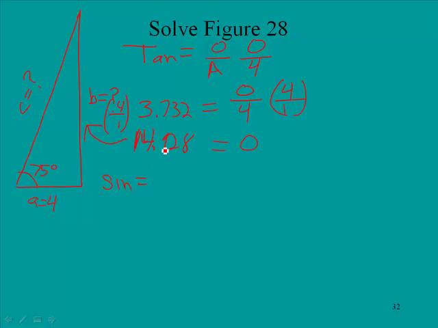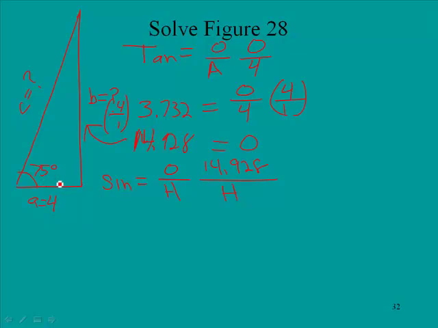Sine equals the opposite over the hypotenuse. And the opposite side is 14.928. The hypotenuse is unknown.